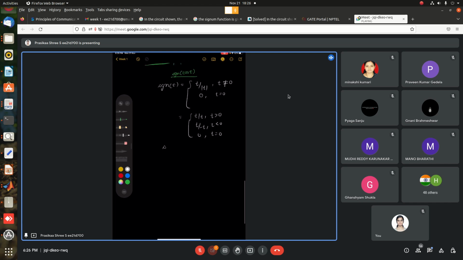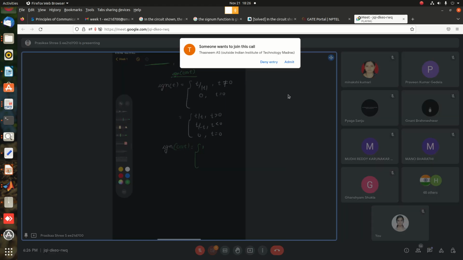Now we are in the position to draw signum of cos t, which is equal to 1 when cos t is greater than 0, minus 1 when cos t is less than 0, and 0 when cos t is equal to 0.